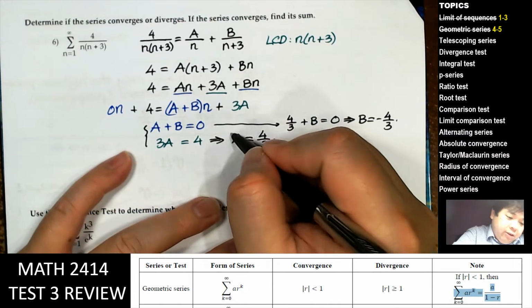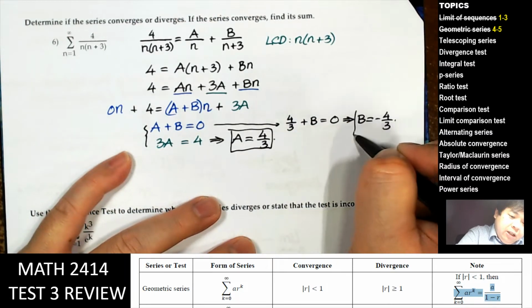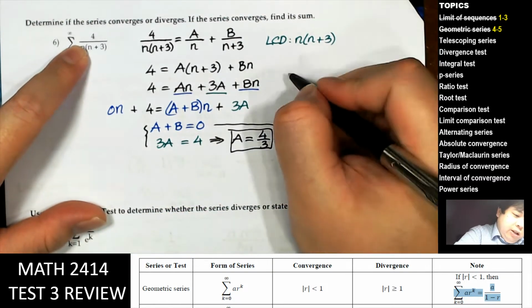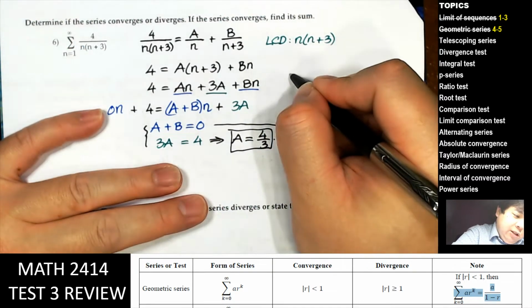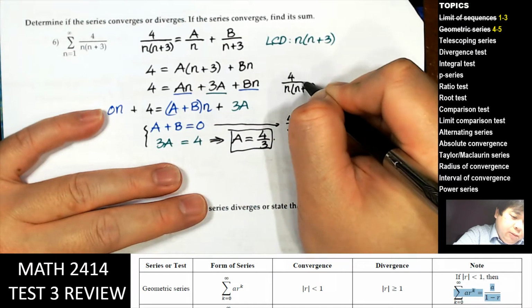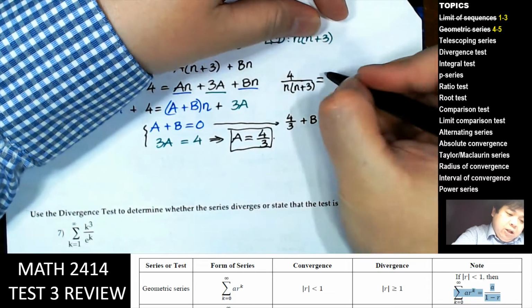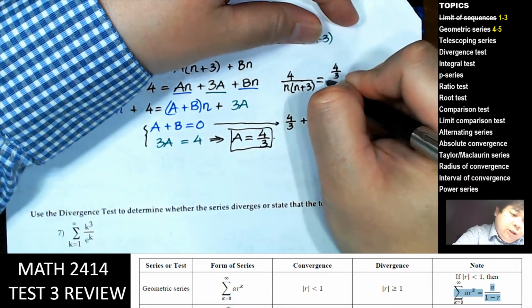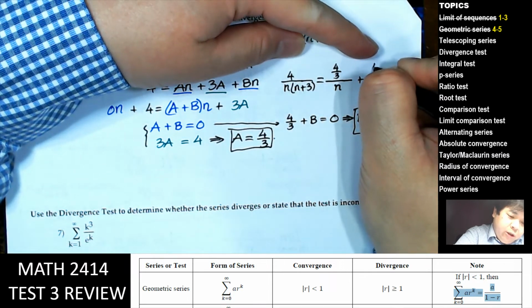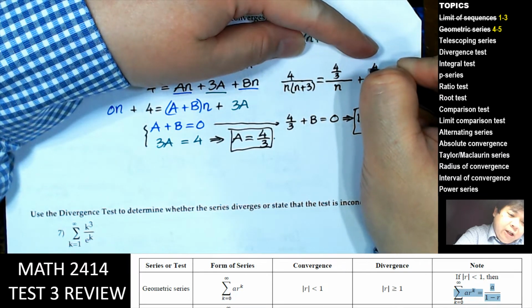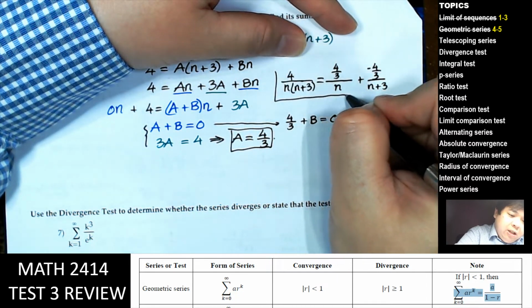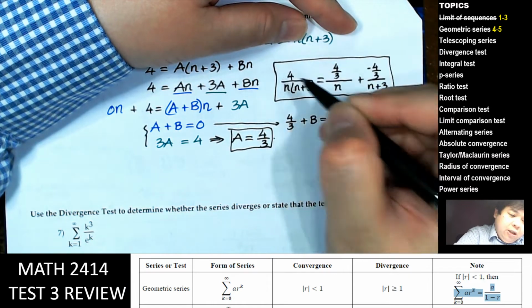So when we have A and B, we can decompose this as 4/3 over n plus negative 4/3 over n plus 3, and that is the partial fraction.